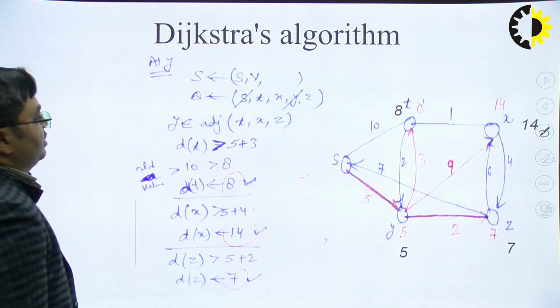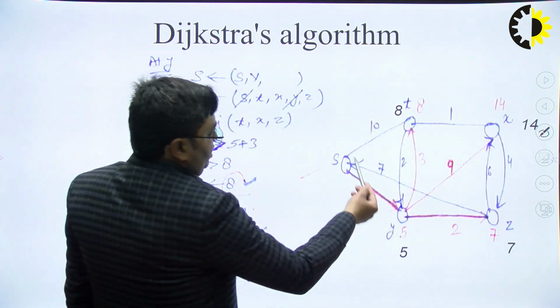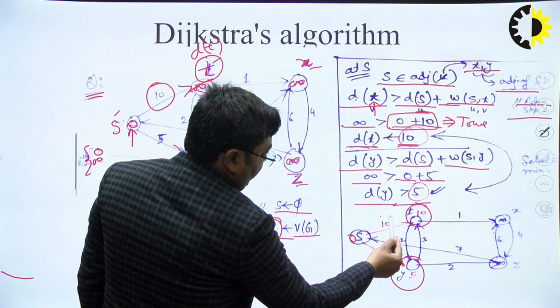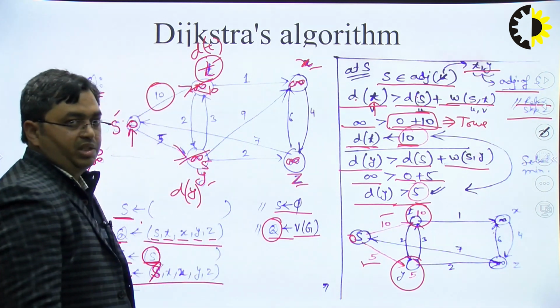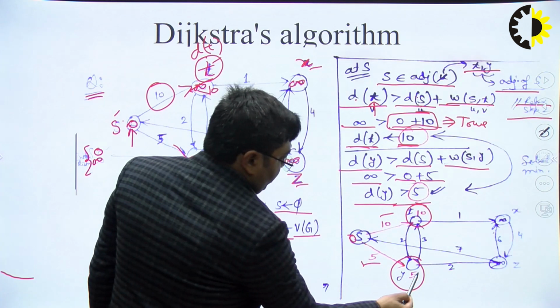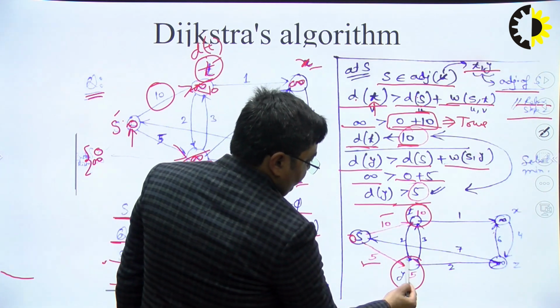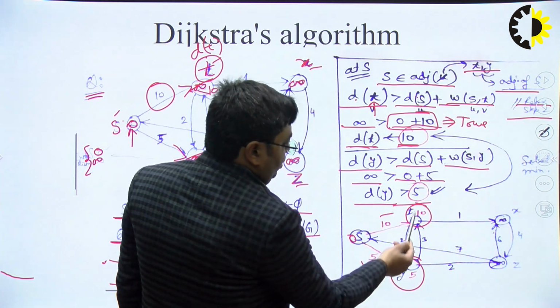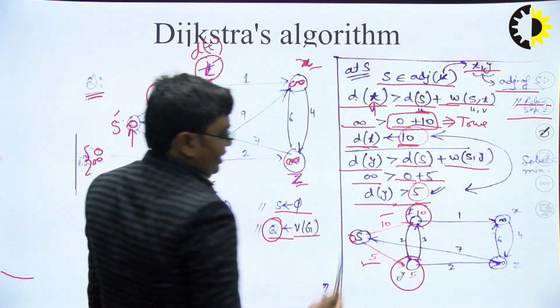Then for reaching further nodes we take the minimum value among 10 and 5. From 5 we have reached y, then we have to explore from y to t, x and z.